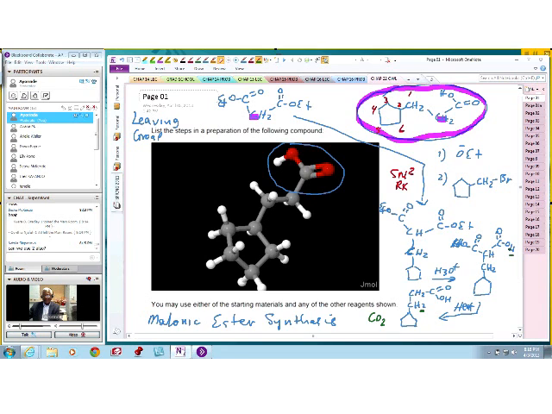So what this tells us is that at the end of the Malonic Ester Synthesis, oh, I'm sorry, not that one, this one here.